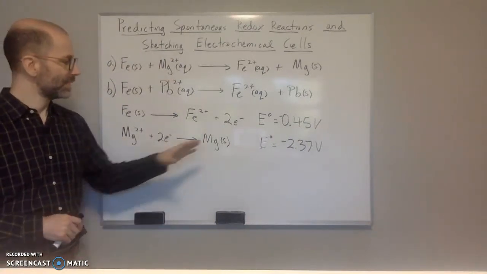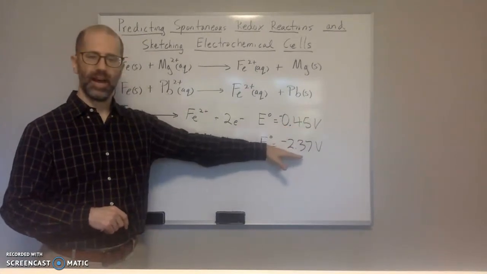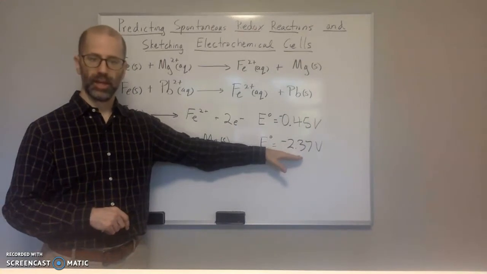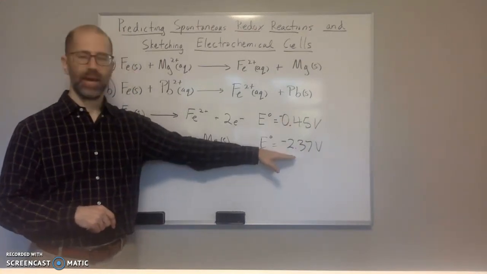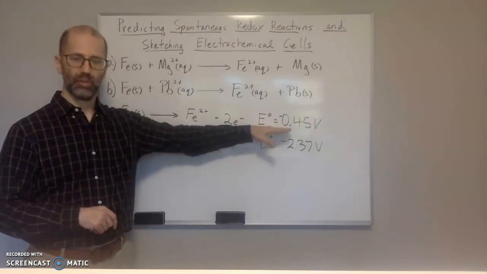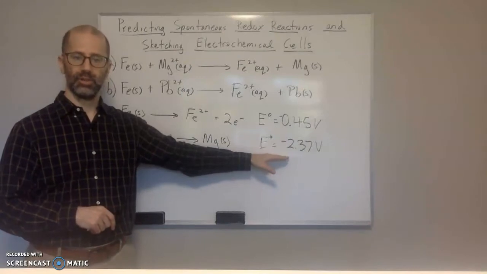So since the magnesium reduction half reaction electrode potential is more negative than this one, we would expect that the electrons would be more likely attracted to the iron electrode than to the magnesium electrode.